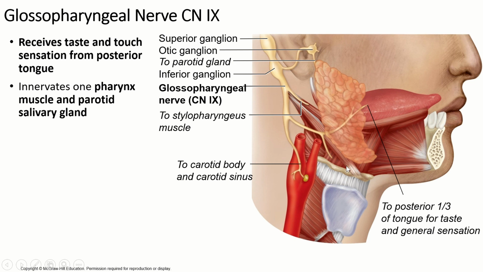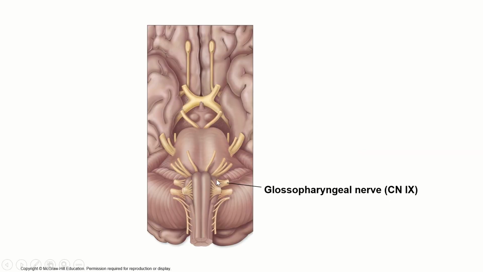That's going to be controlled through this nerve, number 9, the glossopharyngeal nerve: posterior tongue taste, some of the swallowing muscles, some of the pharynx muscles, and the parotid salivary gland. And here is the glossopharyngeal. Pretty wide origin here. Okay, so that's number 9.